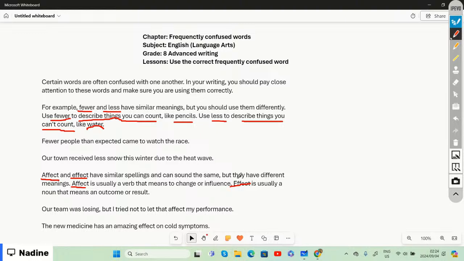Yes, they kind of sound the same. Their spelling is similar but not the same, and they have different meanings.